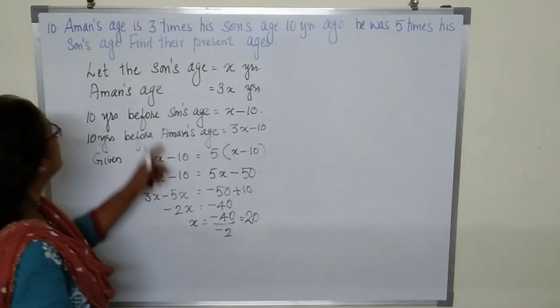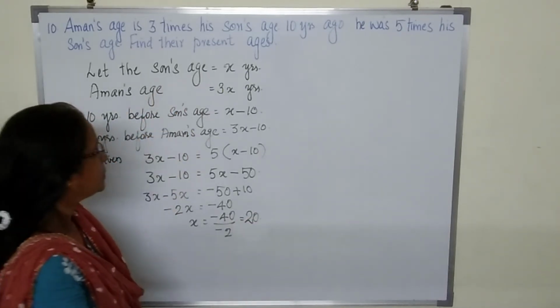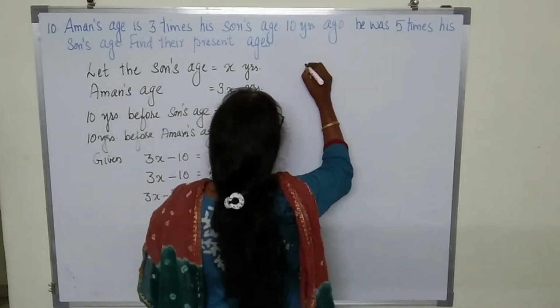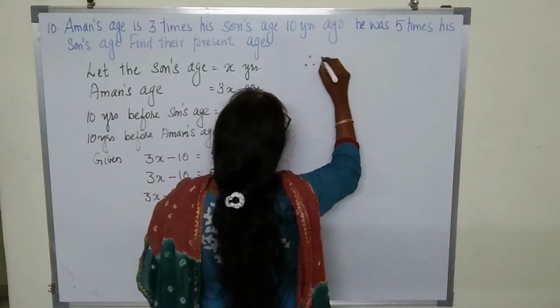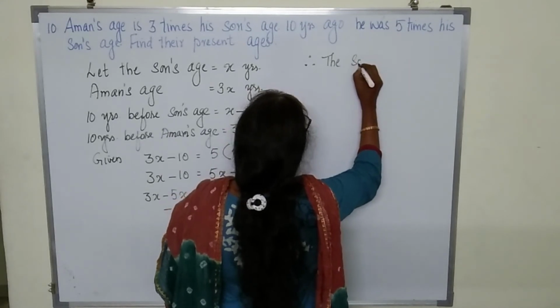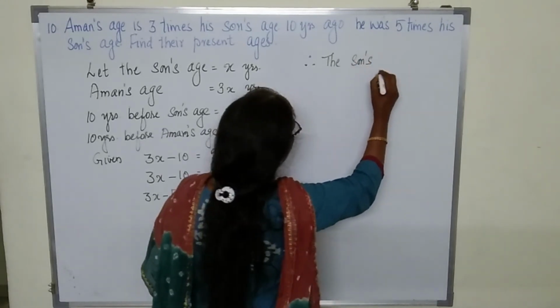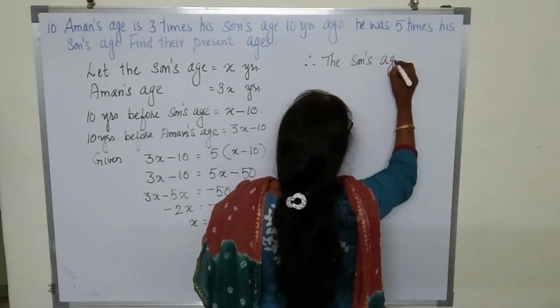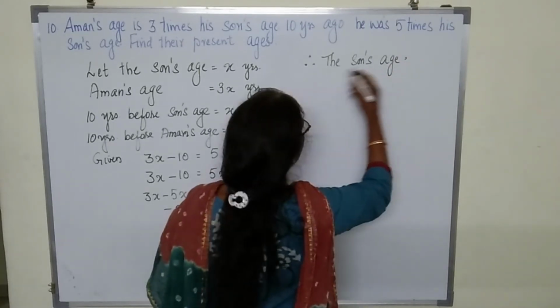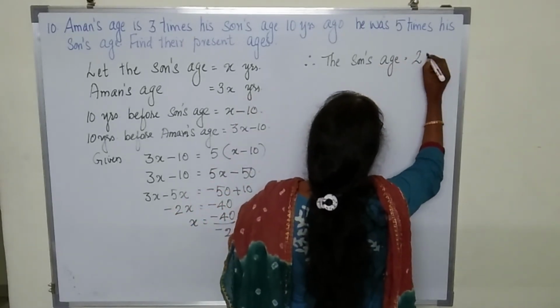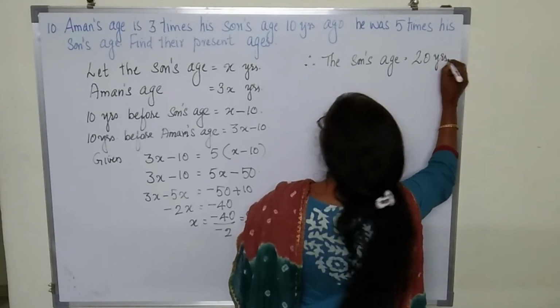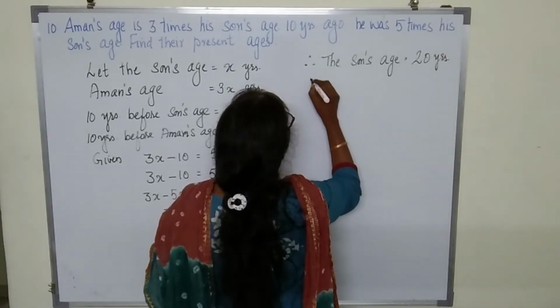What is x? x is the son's age. Therefore, the son's age is equal to 20 years. And what will be Aman's age?